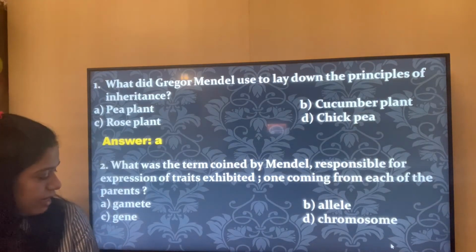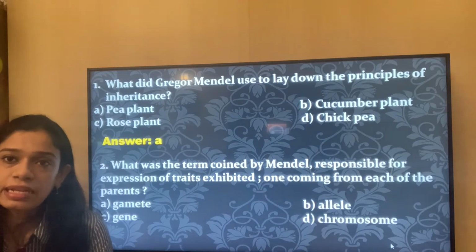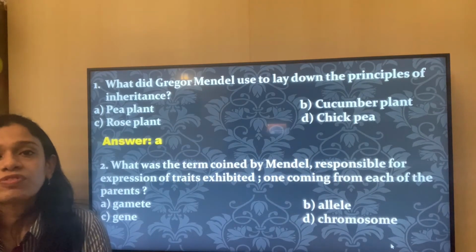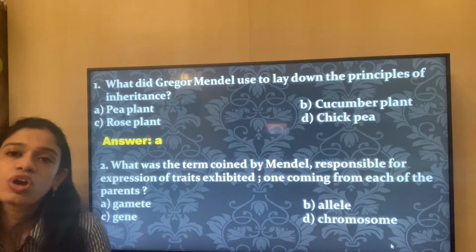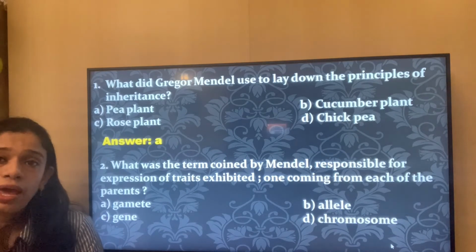Next is allele, gene or chromosome. It was allele that was termed by Mendel, and according to him, it was allele that helped in the expression of any trait. So the answer should be B.